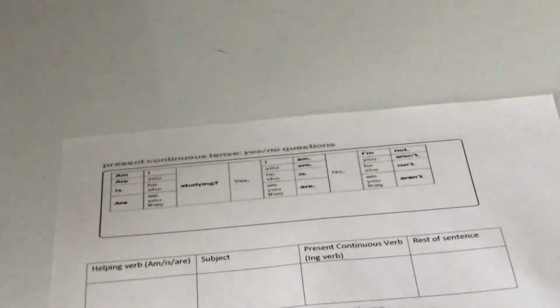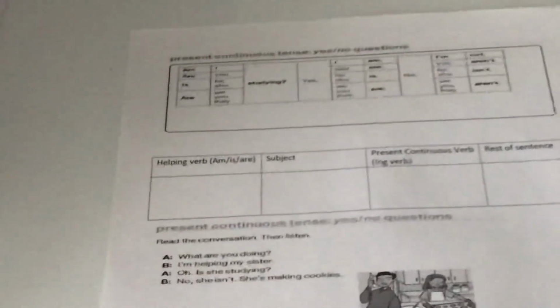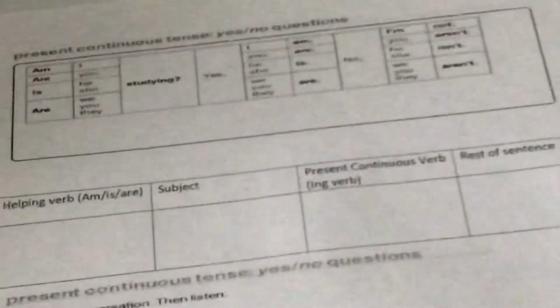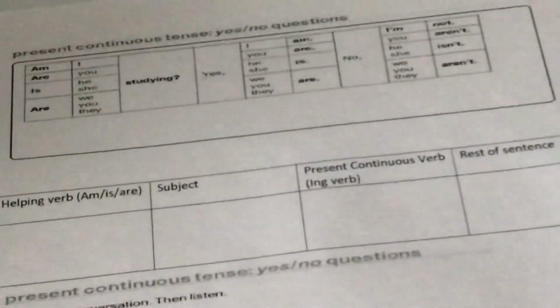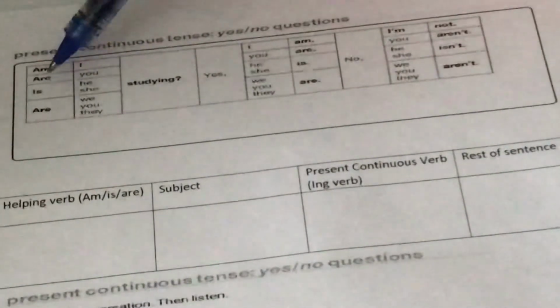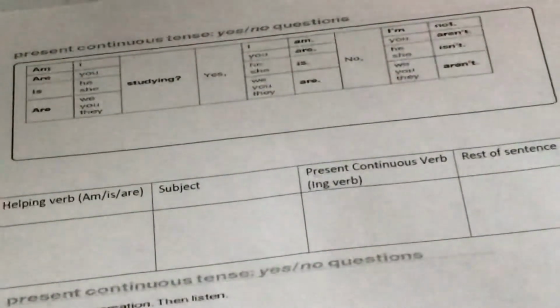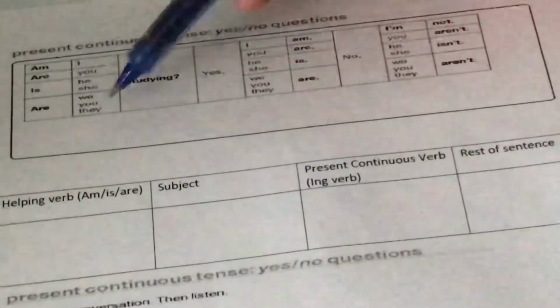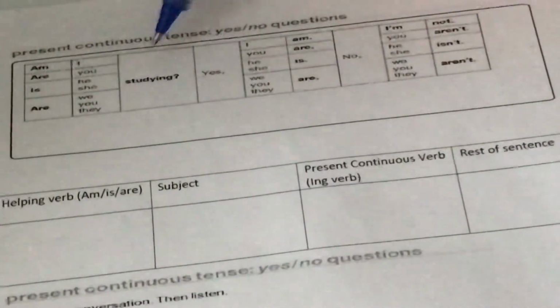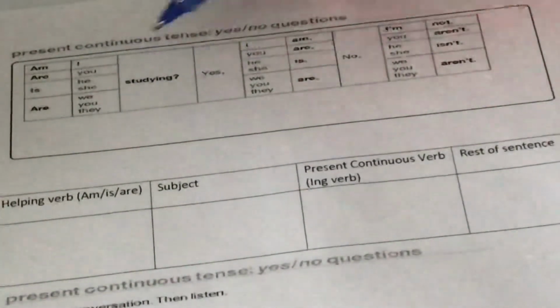All right. And then finally, let's talk about yes and no questions. So, when I make yes and no questions, I start with my helping verb, am, are, is, are. Then I need my subject, then my present continuous verb.